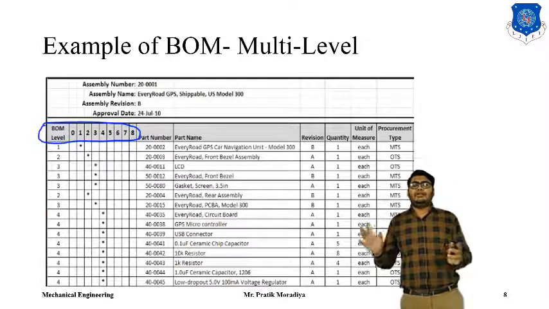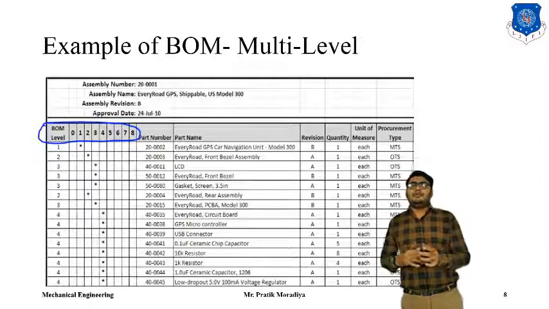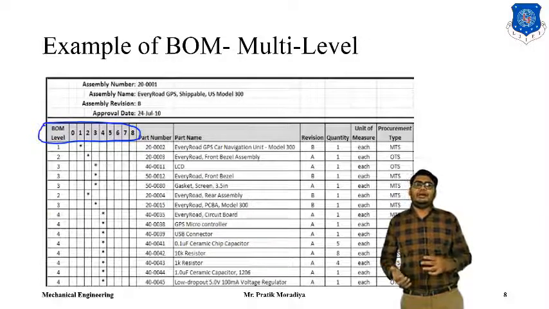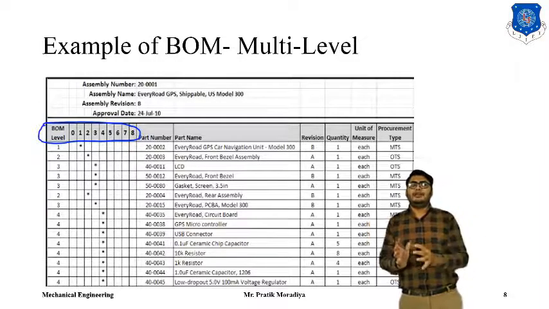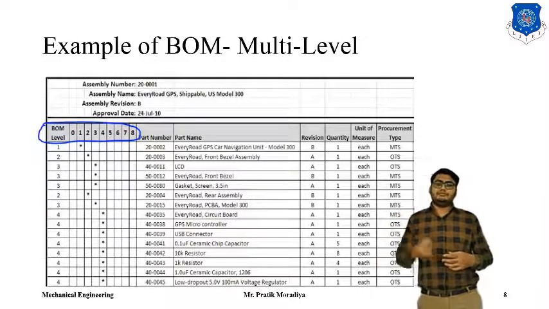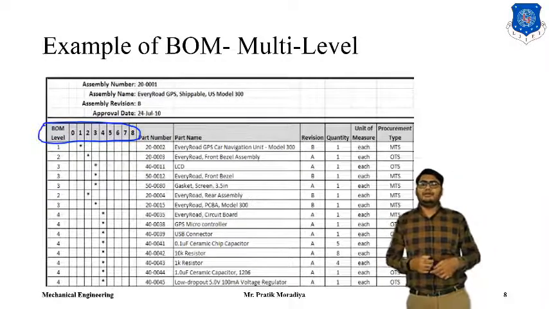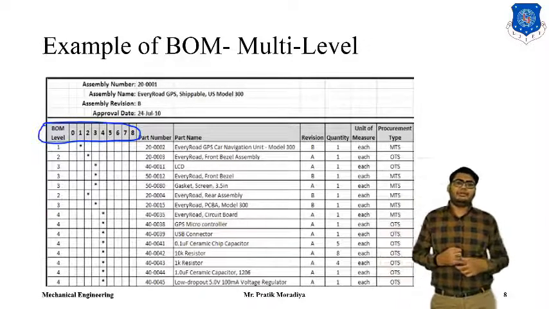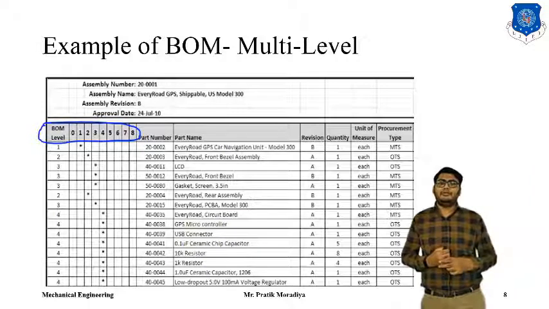And after assembling those level 2s, we will have a level 1 assembly, and after assembling those level 1 assemblies, we will have our component. So this is what a multi-level bill of material is. This is a very important concept and you should be aware of it.